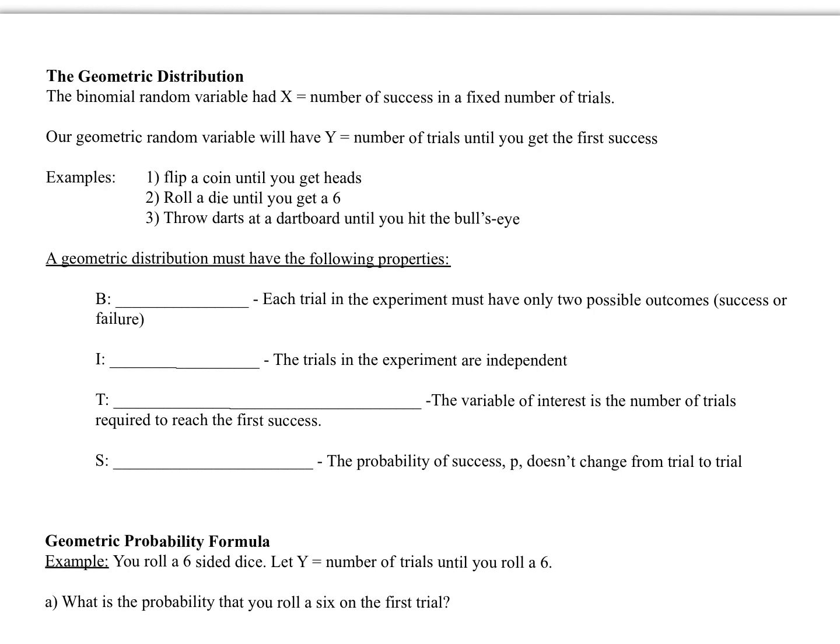For example, I want to know the number of trials I have to do in flipping a coin until you get heads, rolling a die until you get a 6, or throwing darts at a dartboard until you hit the bullseye. So that's what a geometric random variable will do. It finds the probability that you get your first success on a specific trial.